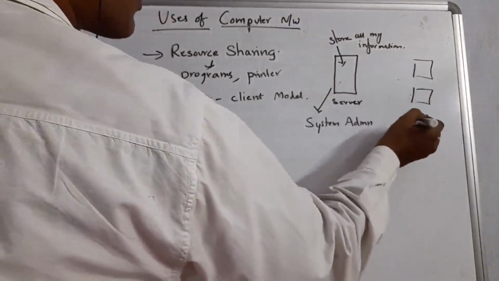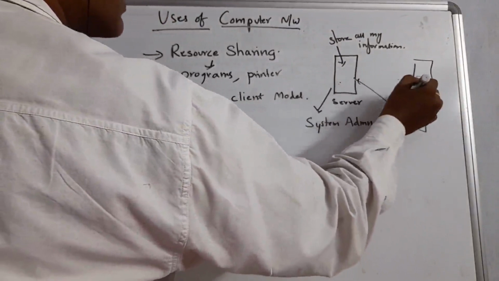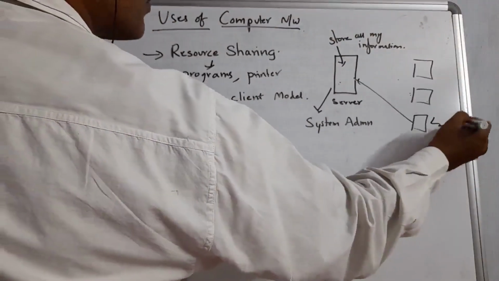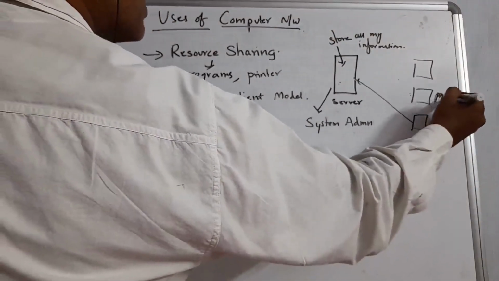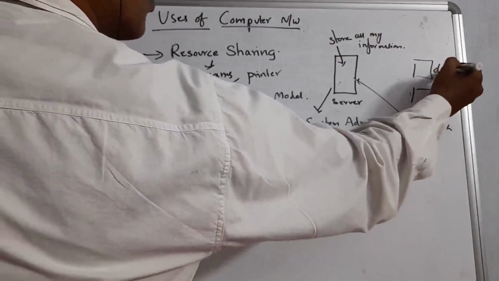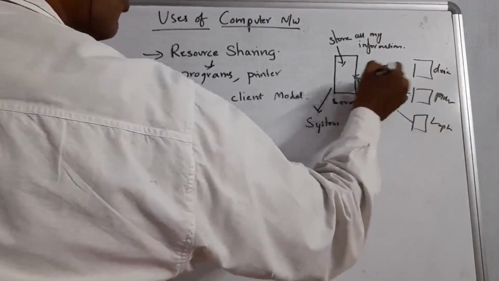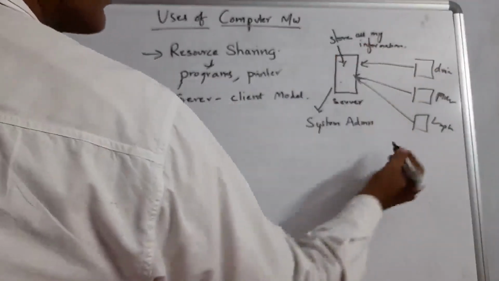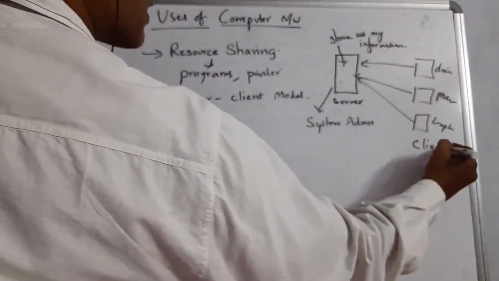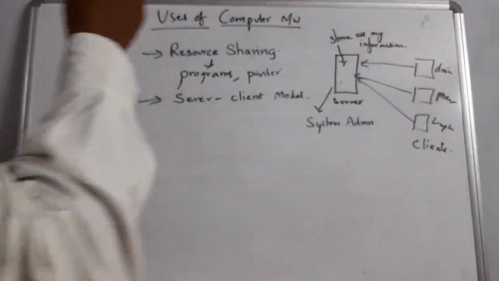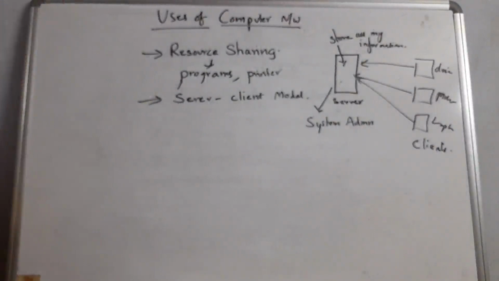These can be laptops, a mobile, or another device, right? All the information is stored in a server, and these are called clients. So the clients are nothing but the machines which are used to access the information stored in the server remotely.